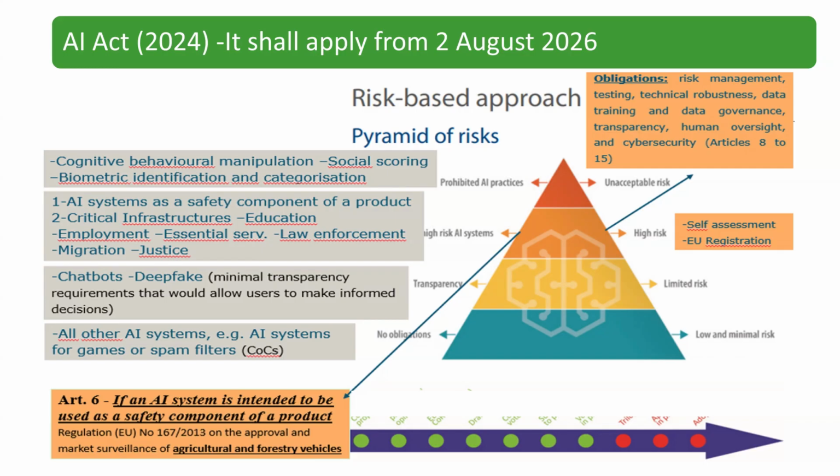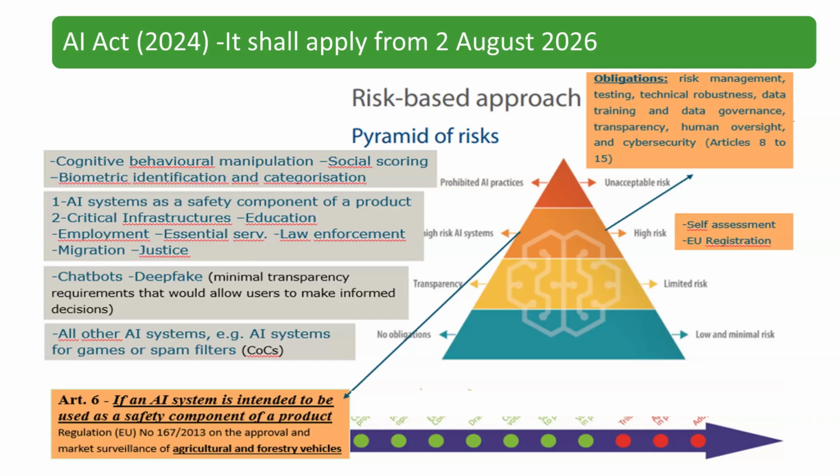This is a risk-based approach. The approach is like this: we have AI tools, which are under development and growing very fast, but there may be some concerns about the risks of AI decisions. So the regulator categorized different risk levels.